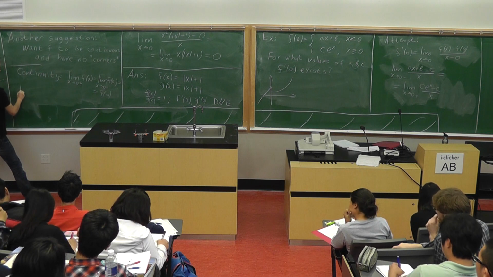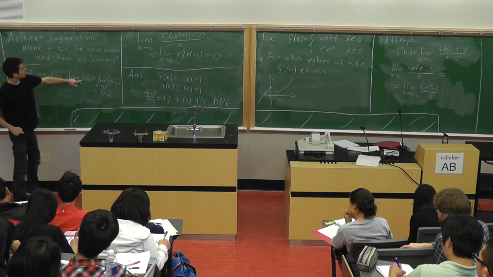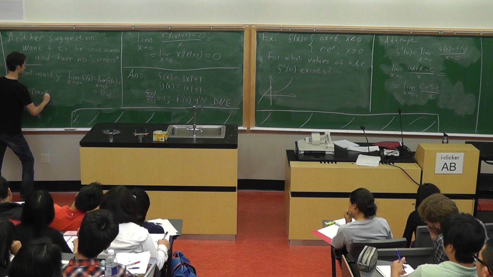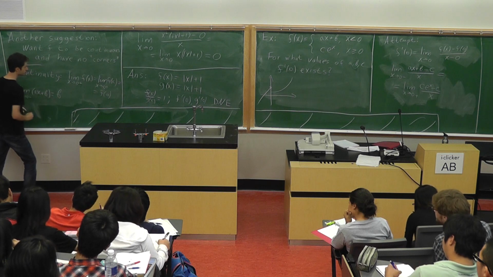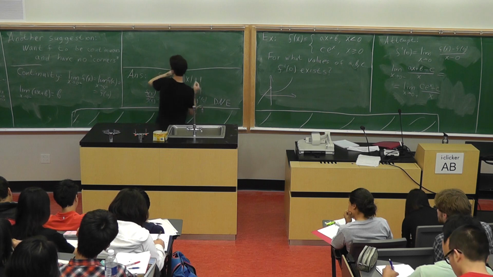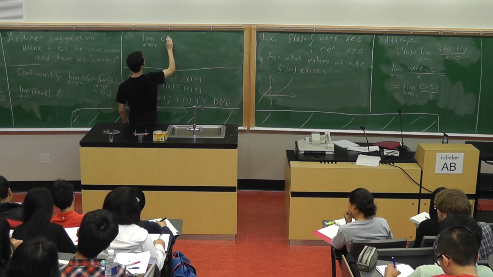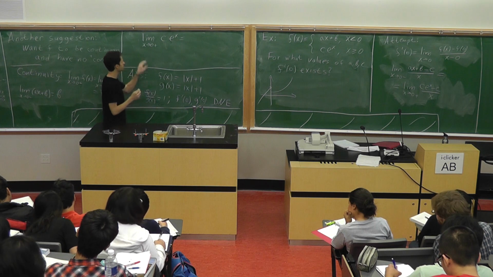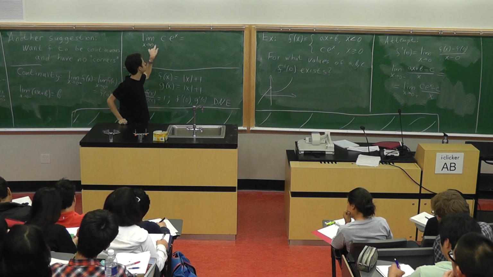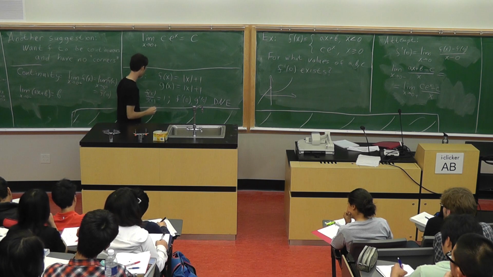That's exactly the continuity, and it is very easy to find both limits. The limit from the left is the limit as x goes to 0 from the negative side of f of x. I use ax plus b, so it is just b. The limit from the right, I'll use the other definition: c times e to the power x. When x is close to 0, e to the power x is close to 1, so it is c.